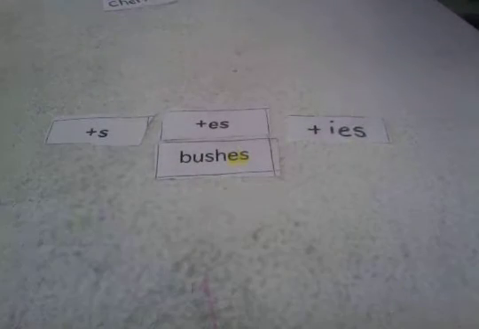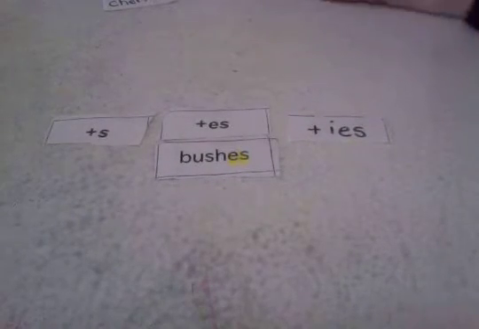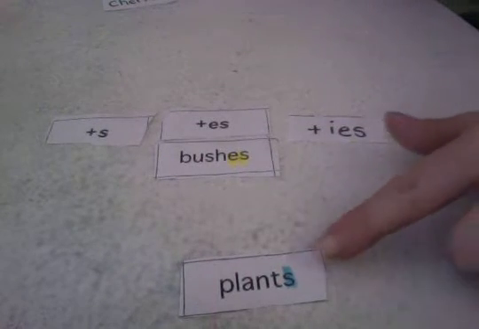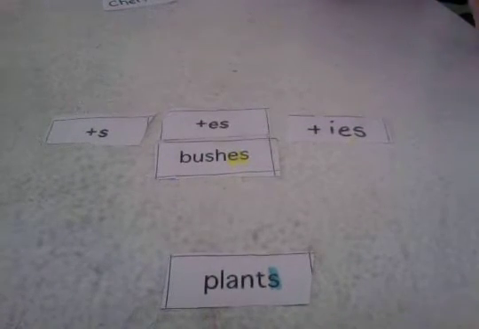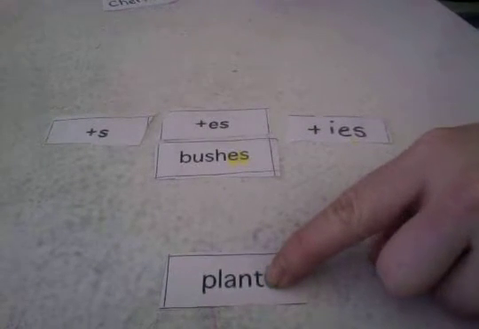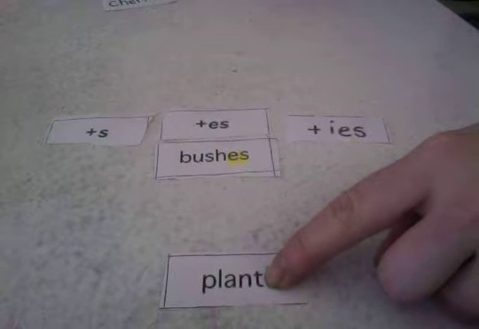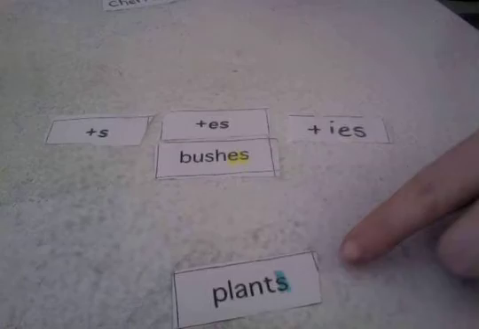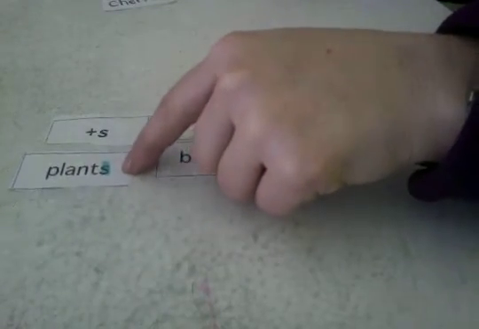So bushes would be ES. What if I had the word plants? Plants obviously is plural. We have plants in our classroom. But if I take that away, I have a plant in my window. That would just be one. So to make it plural, we added an S. So that is going to go into our plus S section.